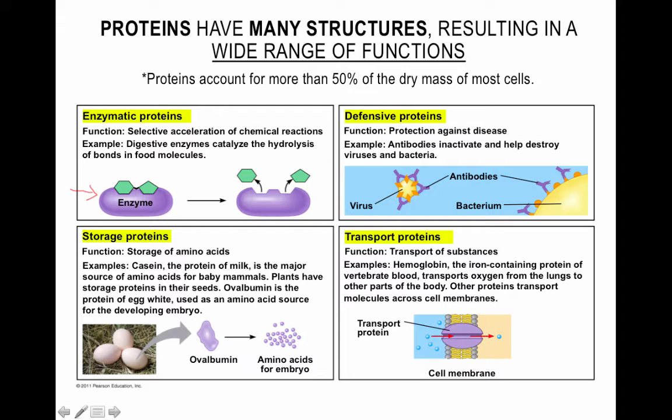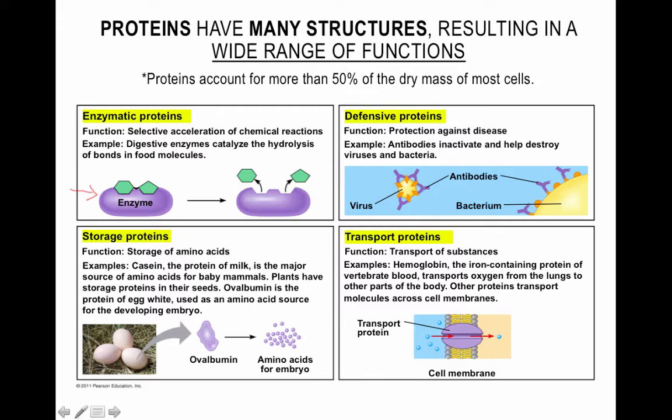In this illustration, there's a single substrate which looks like it might be a disaccharide, a small sugar. In the course of the chemical reaction, this enzyme is breaking the bond of the disaccharide and then releasing two products which are monosaccharides. So the example shown here is an enzyme that does hydrolysis, or a hydrolytic enzyme.